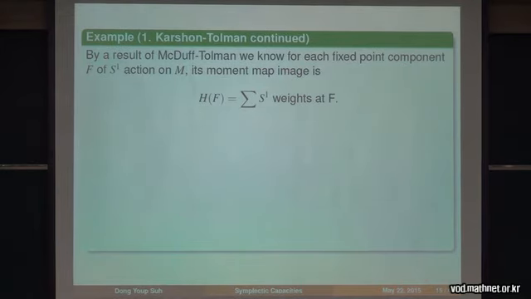And by a result of McDuff and Tolman, we know that for each fixed point component F, its moment map image is nothing but the summation of the S1 weights at the fixed point. And we have decomposed the tangent space of the fixed point.